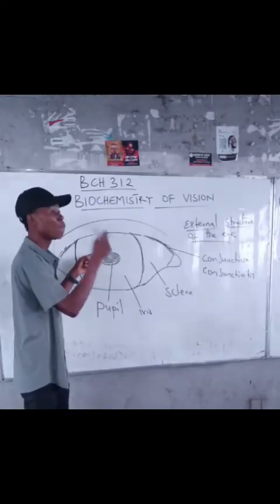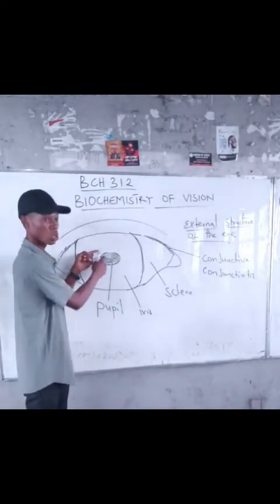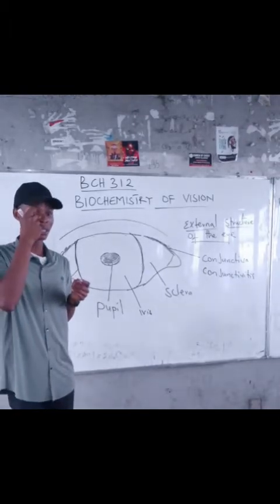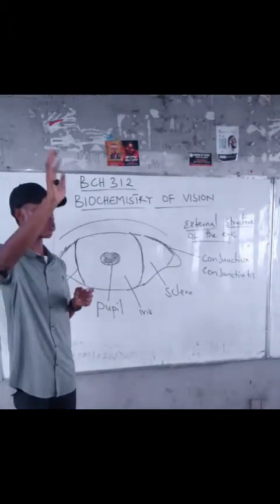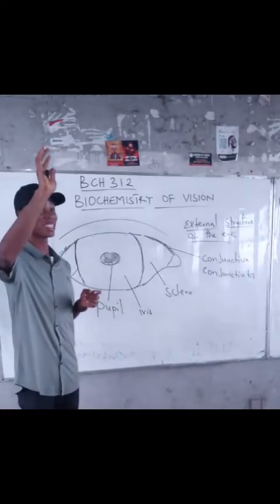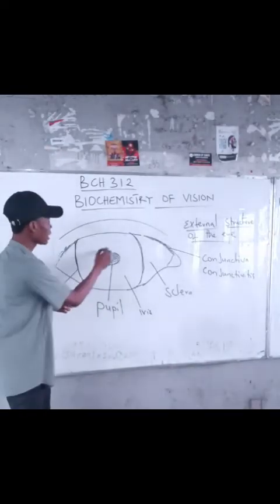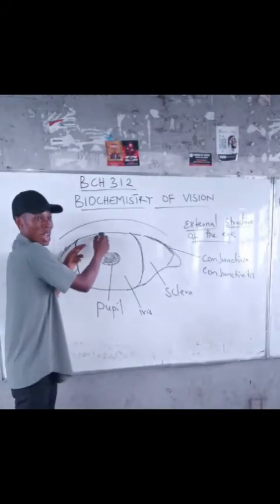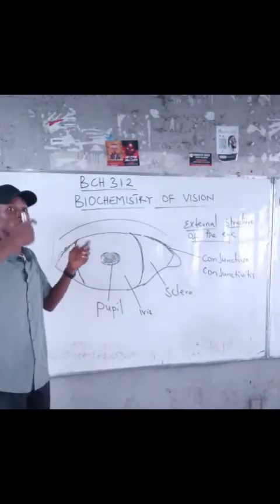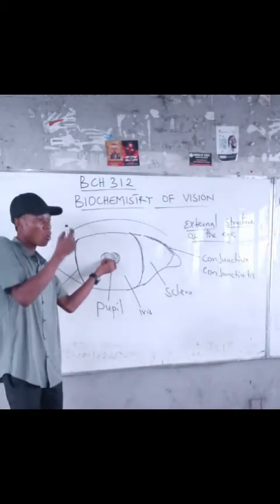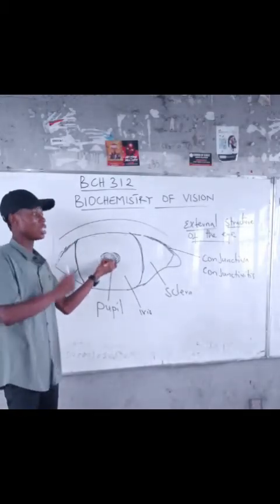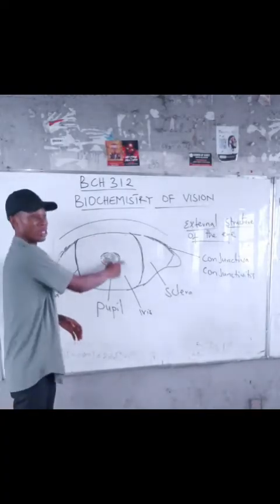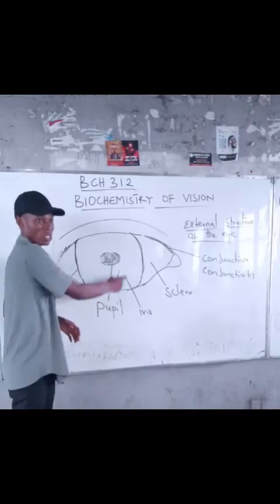That black inner one you will see is the pupil, while the one that surrounds the pupil is the iris. So when they say some persons have blue eyes, it's actually the iris. Brown eyes is the iris they're talking about.